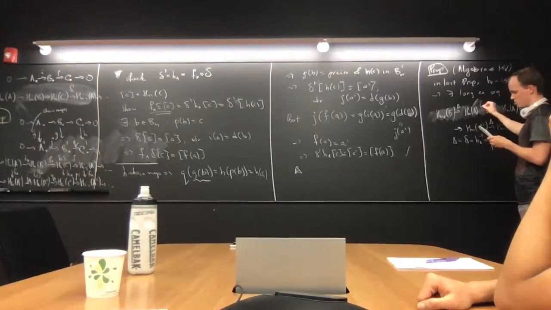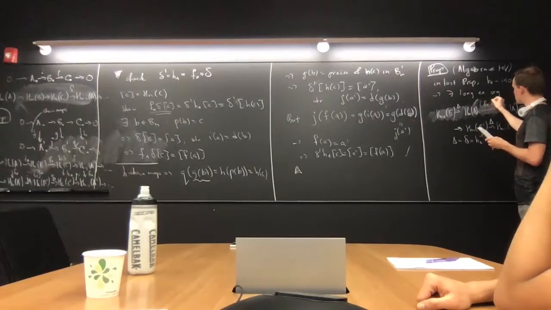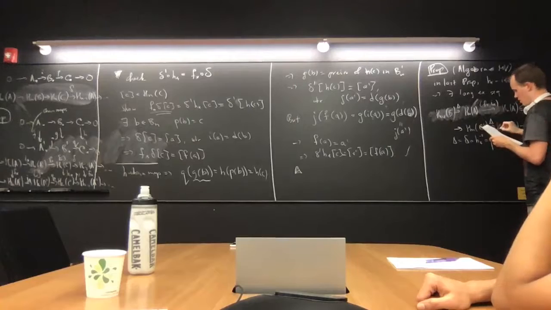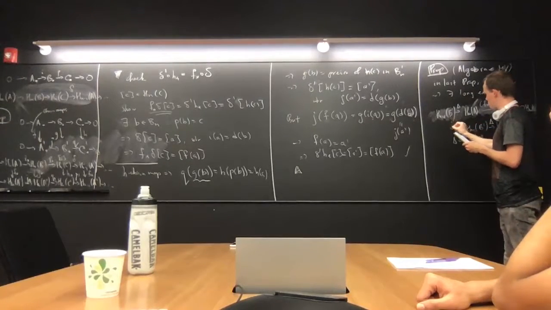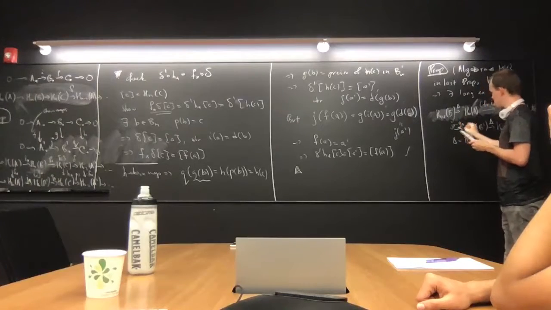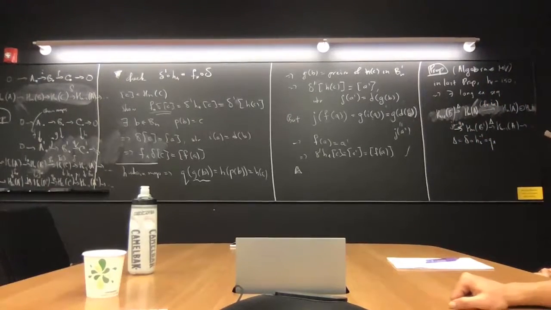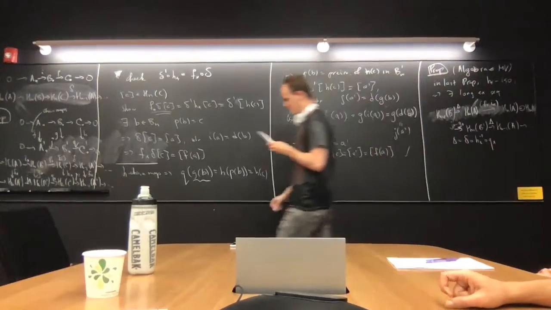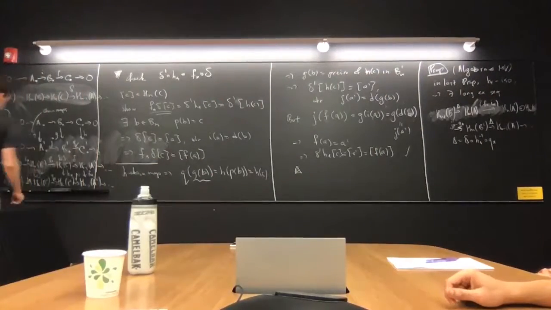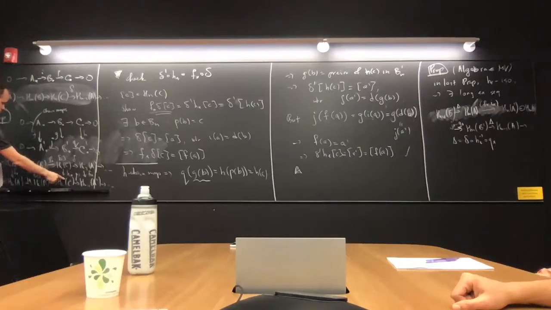So this is F star, comma, I star. And this map here is J star minus G star. Direct minus. So what happens is H is an isomorphism.